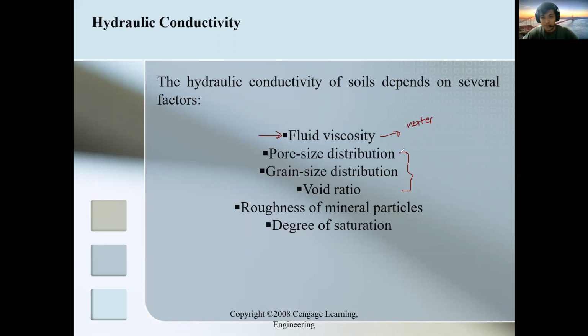If your soil specimen has very minute particles, the grain size distribution is more on the fine side, not on the coarser side, and of course the void ratio will also be very minimal. If the void ratio is very small, it also affects the hydraulic conductivity of your specimen, since the flow of water will be slower compared to when you have bigger voids or bigger void spaces. Di ba? The flow of water is faster if you have bigger voids.